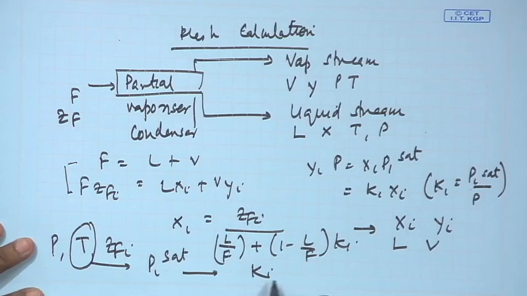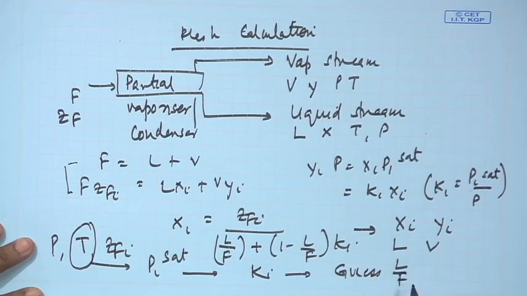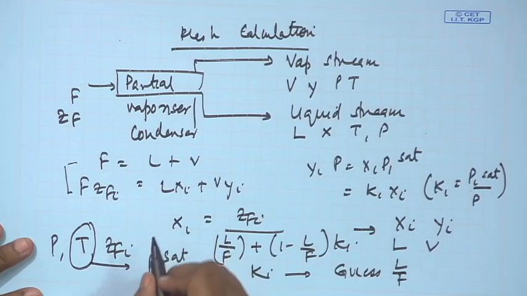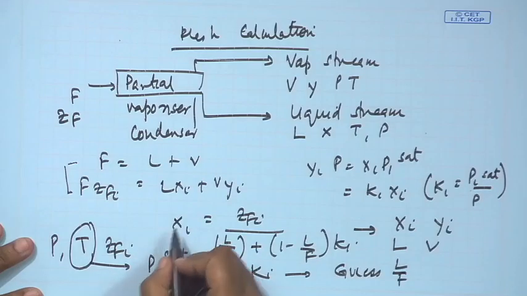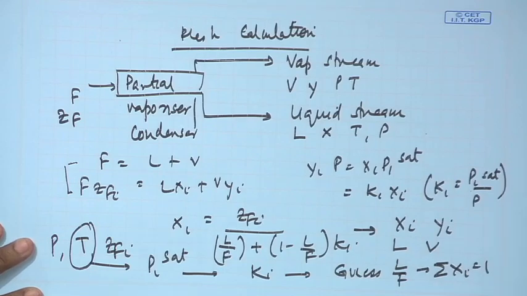Once we can find out the Ki's, then what do we do? We guess either an L by F or a V by F, whatever it is. If we guess it, we can find out Xi. We can find out Xi for all the components i, fine. And then once we have calculated Xi's for all the components, we check whether sigma Xi equals 1.